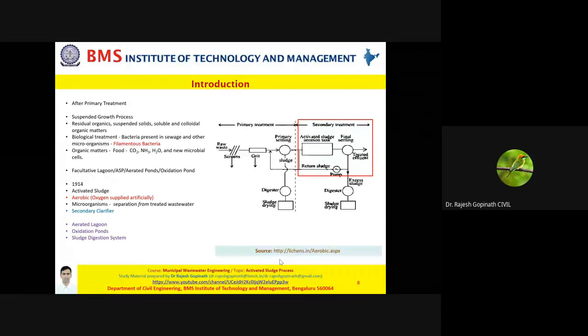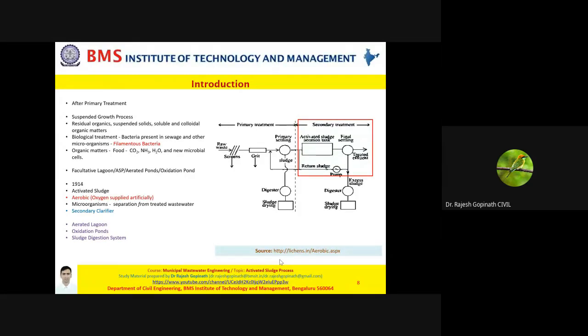Though we speak about the activated sludge process, please remember we are primarily focusing on an aeration system, an aeration tank, and in this aeration tank there is no sludge zone. The sludge is collected in the secondary clarifier itself. Of course even your sludge digestion system is a form of suspended growth process.